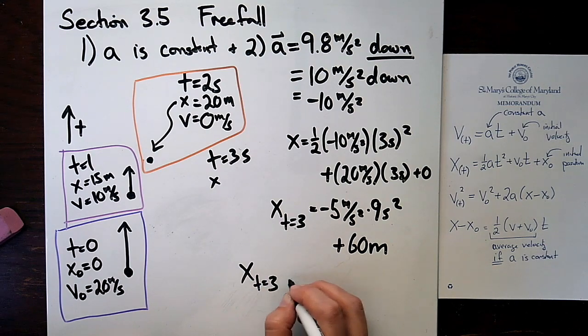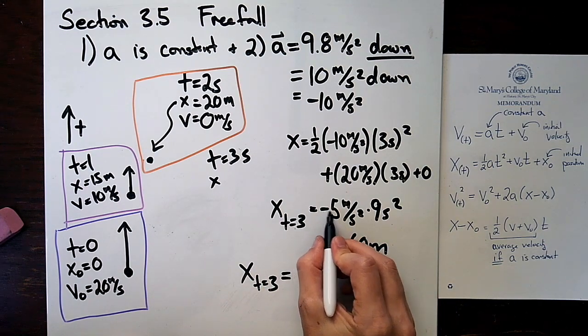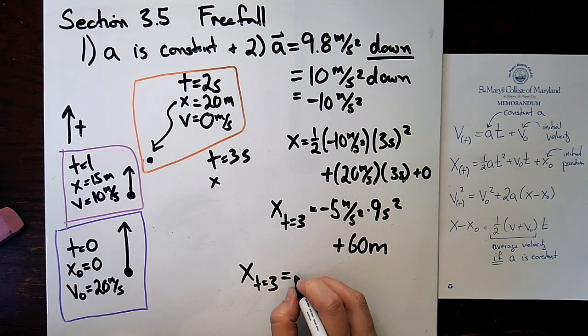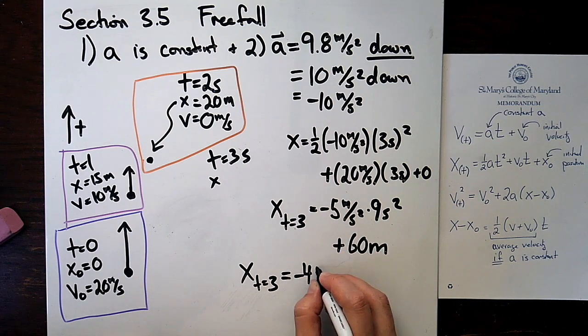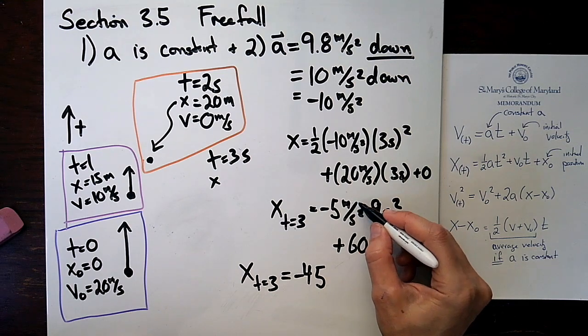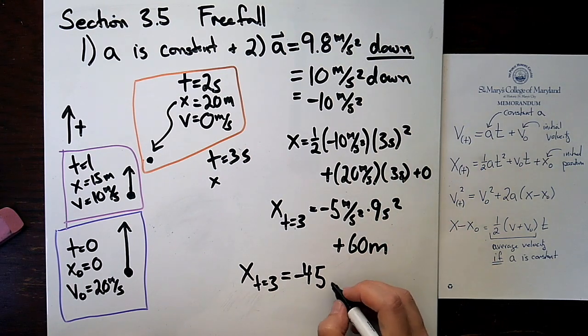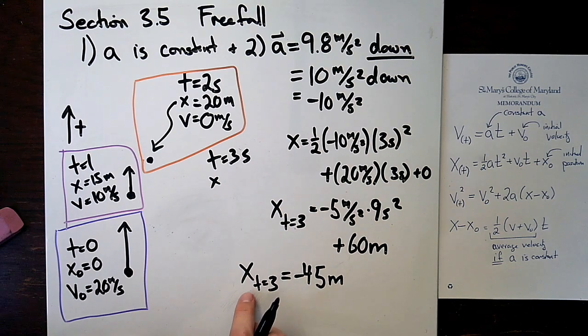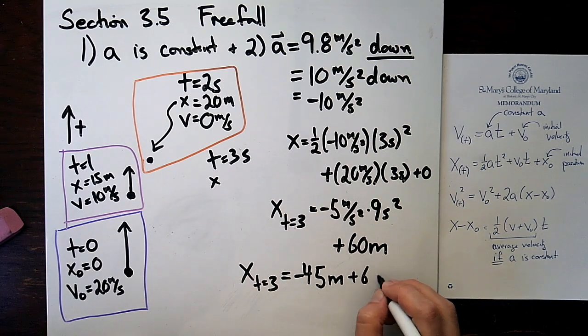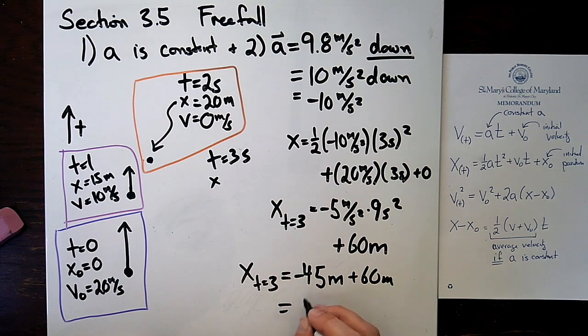So 3 seconds after I start, I am at -5 times 9. That's -45 units. Meters over second squared times second squared. The seconds squared cancel. That's meters. Good. We're looking for a position. Plus 60 meters. So -45 plus 60, that is positive 15 meters.